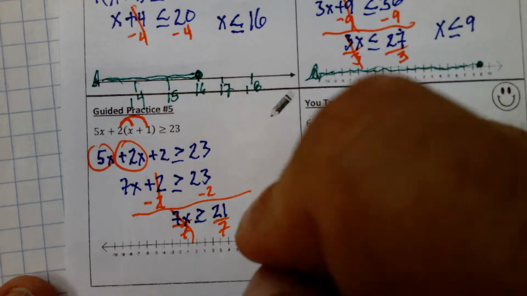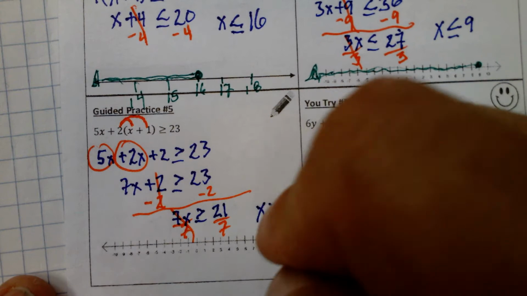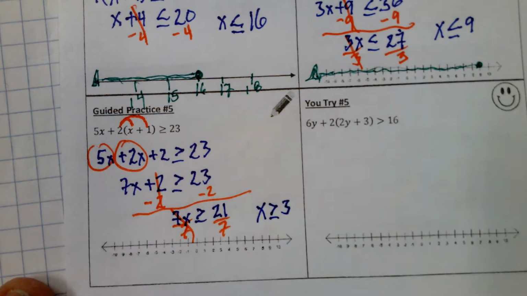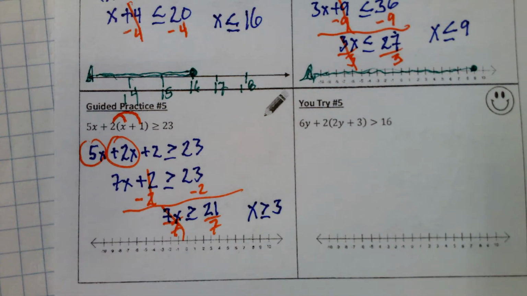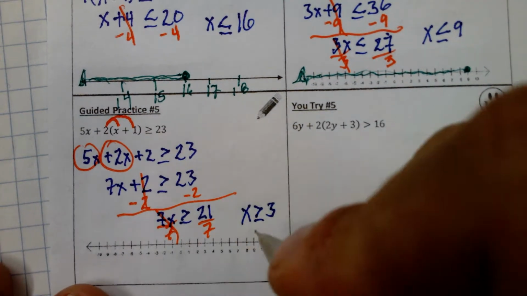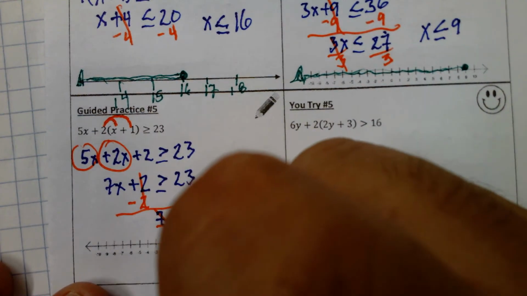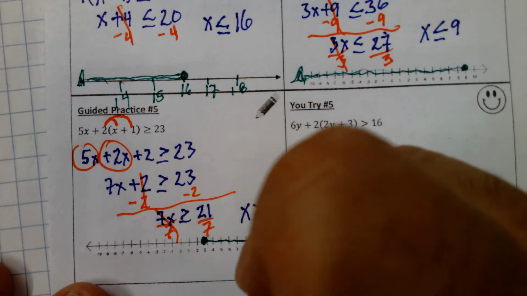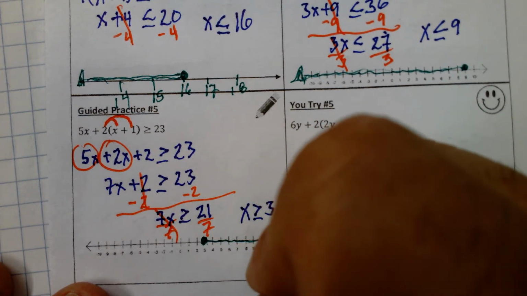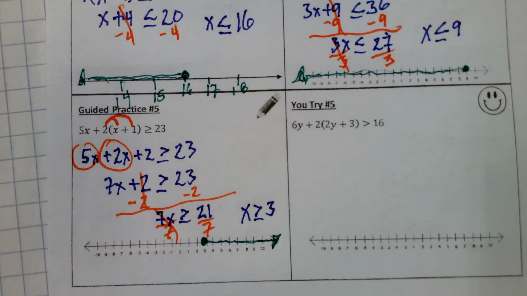We get x is greater than or equal to 3. Okay, so we want to look for 3. We have the equal to part, so it's a closed point. That means we'll include that in our answer, and then anything bigger than that as well. There we are. Okay, so try number 5.